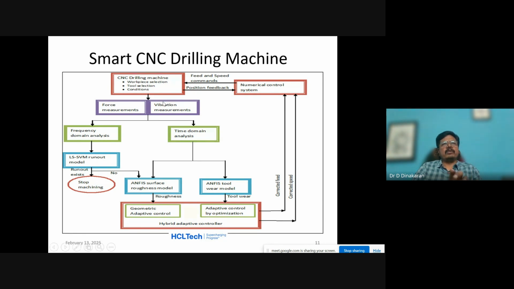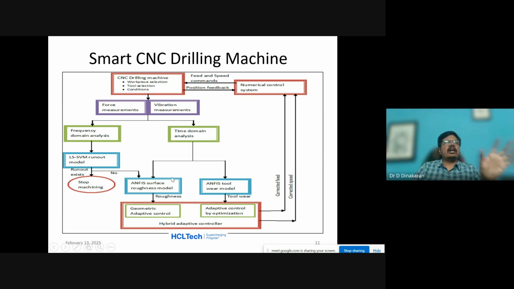Vibration is one of the forms. So if the tool is blunt, by monitoring the vibration, I can say that there may be a problem in the tool with the wear part, that this much amount of vibration it is creating and this much amount of force it is consuming because of the blunt tool. Those things I can take, for which I'm using AI-based algorithms.